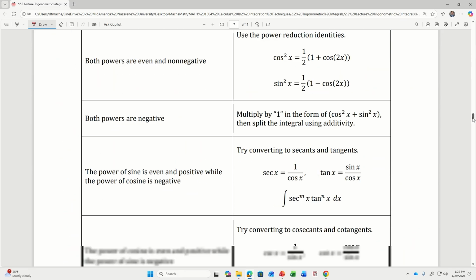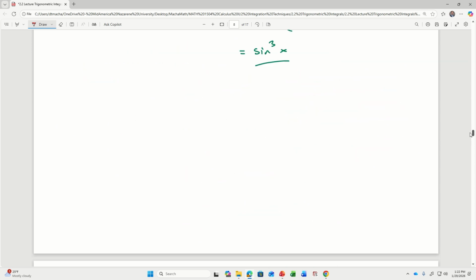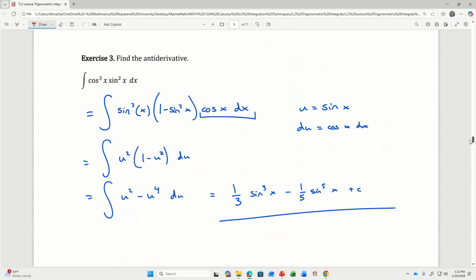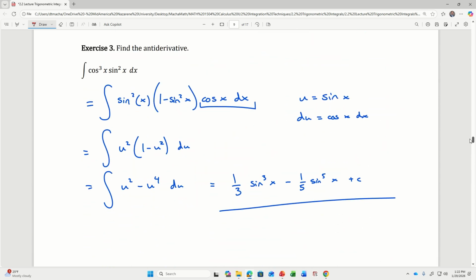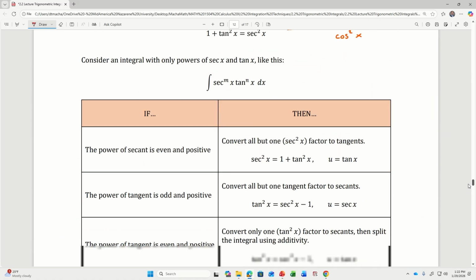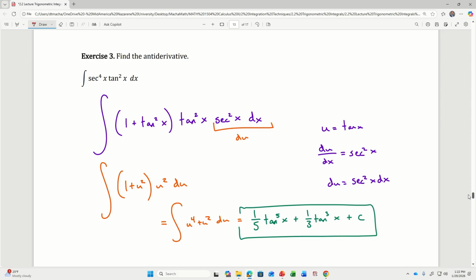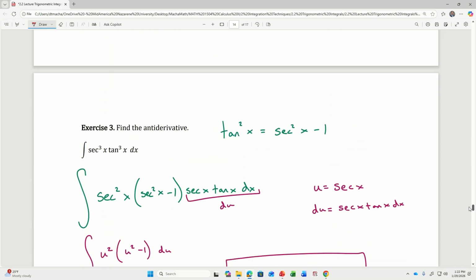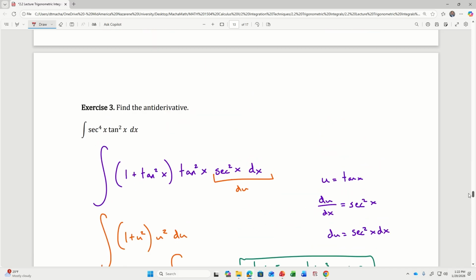We were talking about something like, oh gosh, I gotta find it. We had one set of rules for when secant is an even power, and we had another rule for when tangent is an odd power.